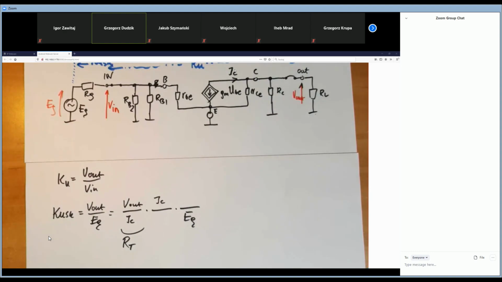Okay, no. Great. So now please take a look at the transconductance parameter, GM. From definition, what is the GM? How can we calculate the GM from definition? Please tell me.